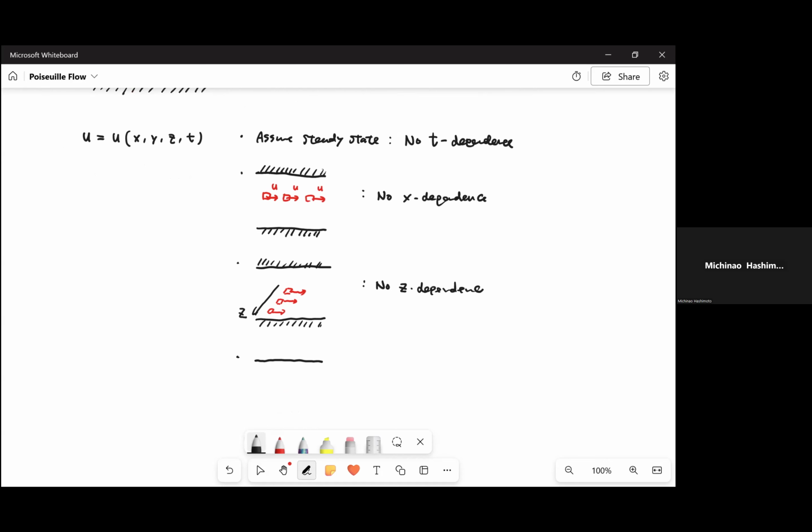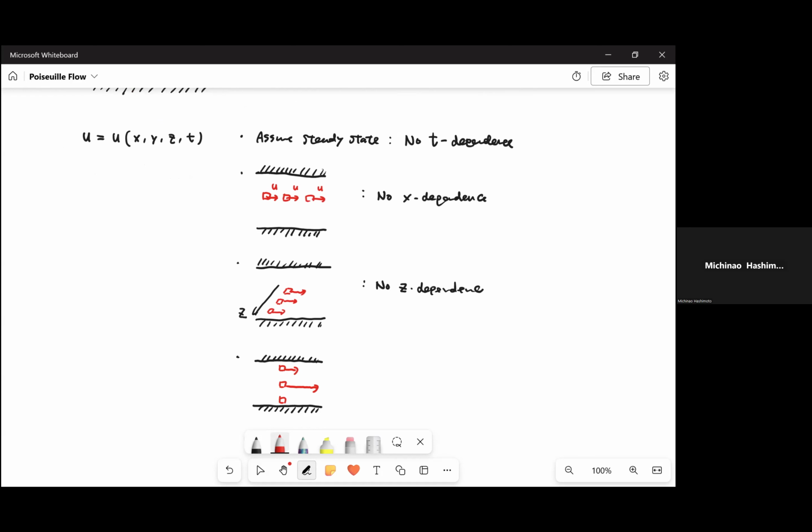Perhaps if you compare the fluid at different locations between the walls, at this point we don't know the exact form, but it's probably reasonable that if you are far away from the wall, you are feeling less shear, so it's probably easier to move.